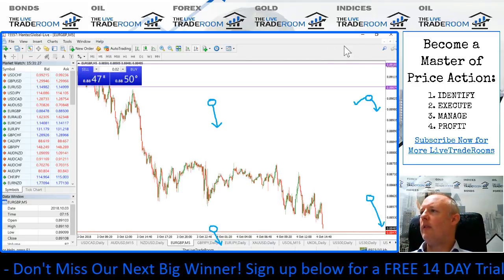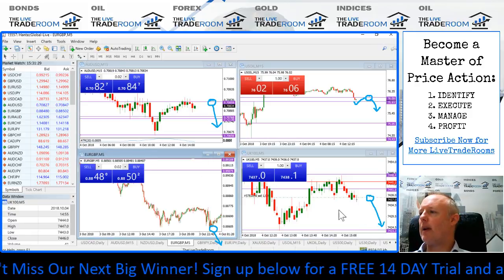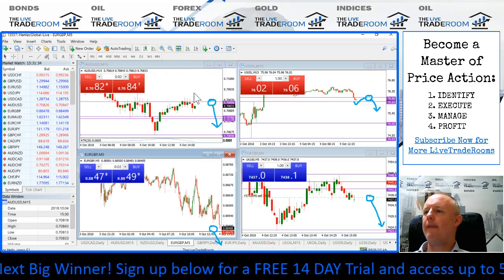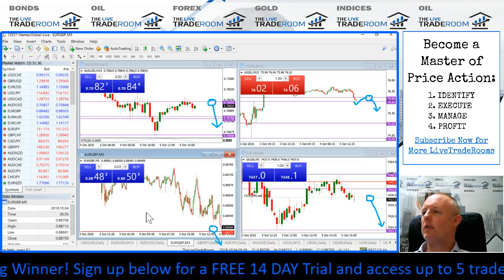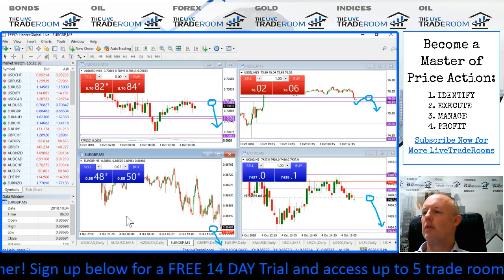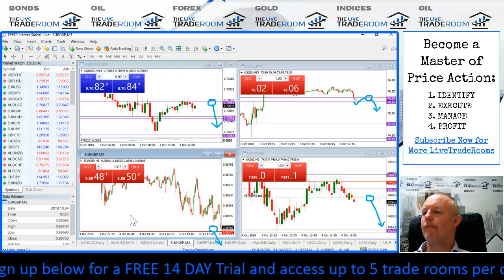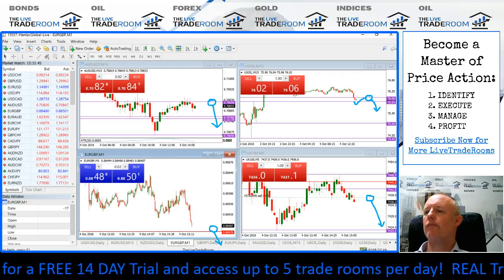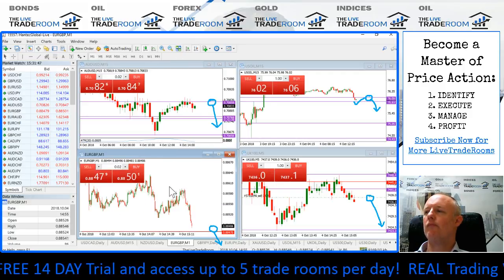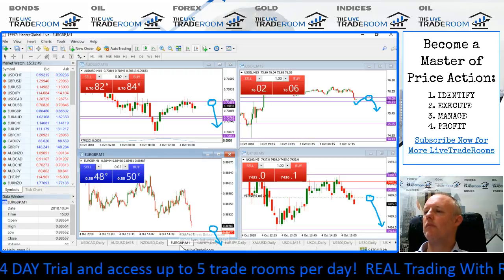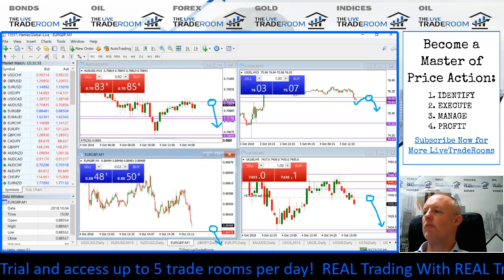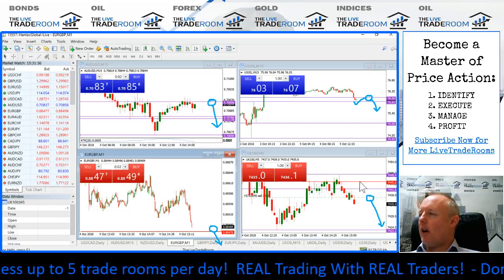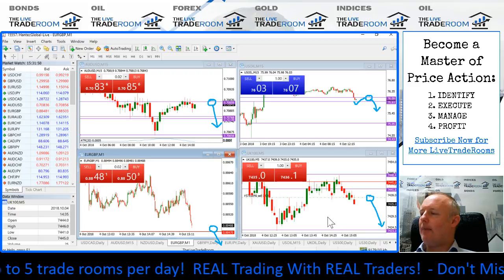Looks like we're getting that move. We're likely to see the FTSE just maybe roll over to the downside. So hopefully we get some movement there. Might take a little while to kick in maybe.